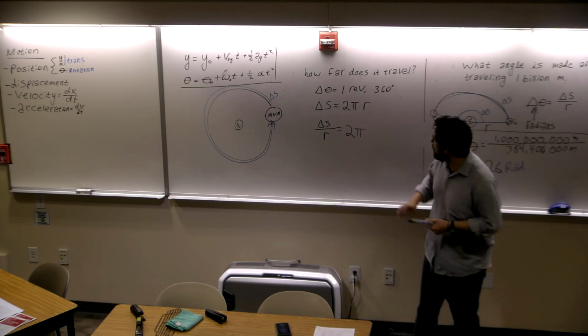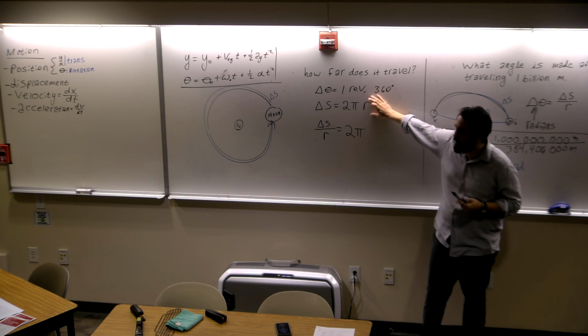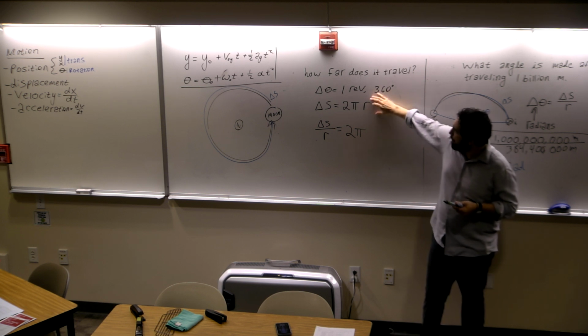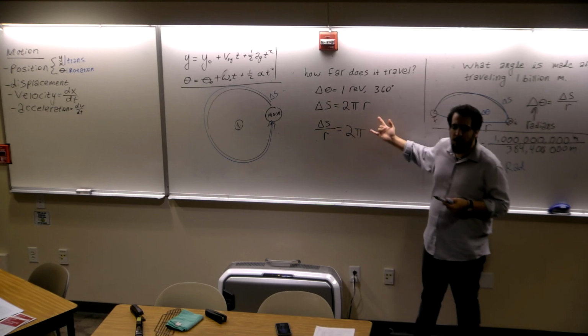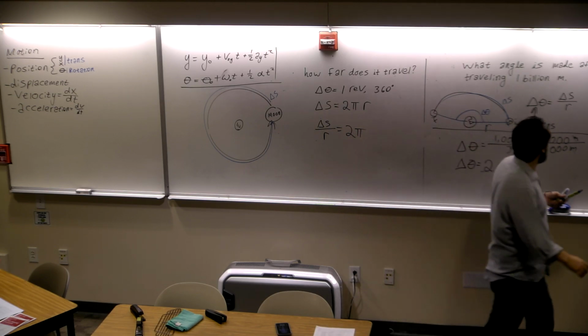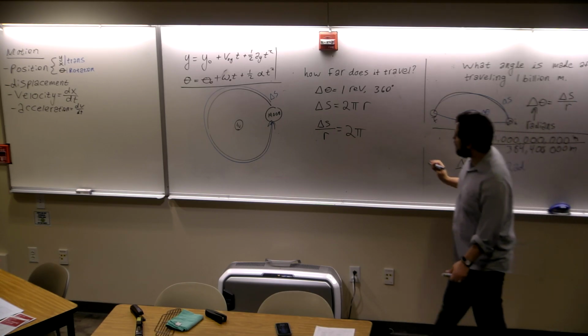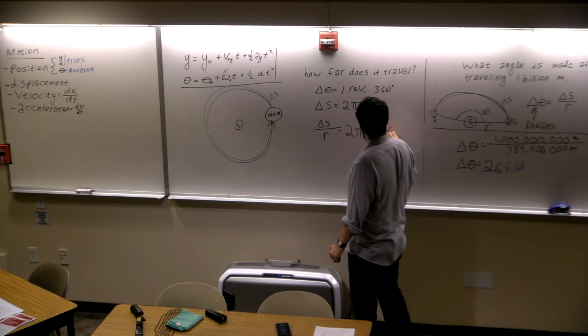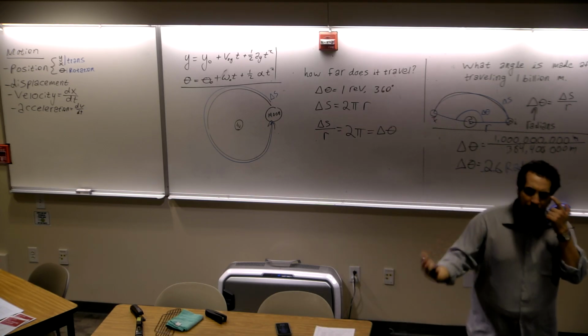We see that from our equation. We used this equation earlier, worked. So it still applies. I haven't changed anything about the situation. So if we just want to know arc length divided by the radius for our full circle, it's just going to equal 2 pi. We come over here and we say, well, that's also how we define delta theta. So we say that the angular displacement is going to be 2 pi radians.